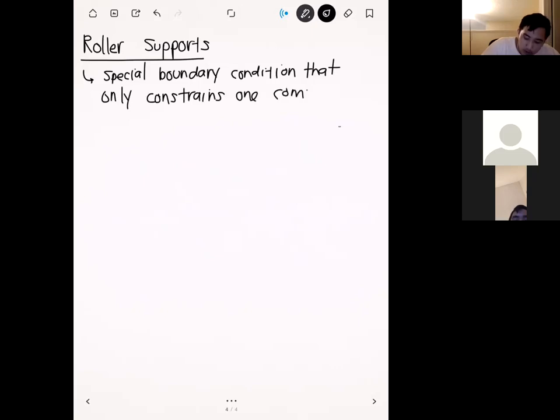Because up to this point, we've been using what's called pin supports. I think up to this point I've been calling them fixed supports, but technically they're pins.